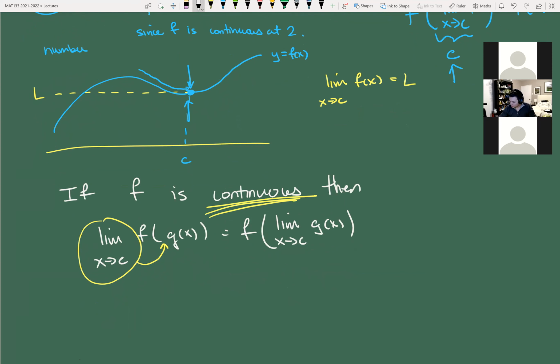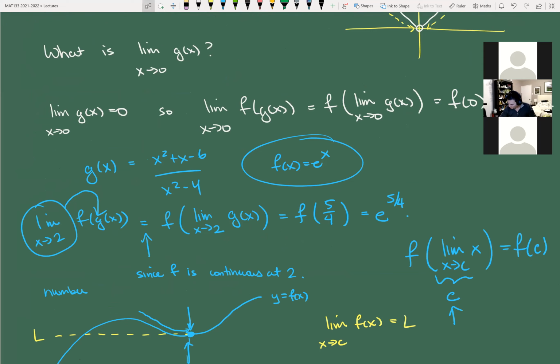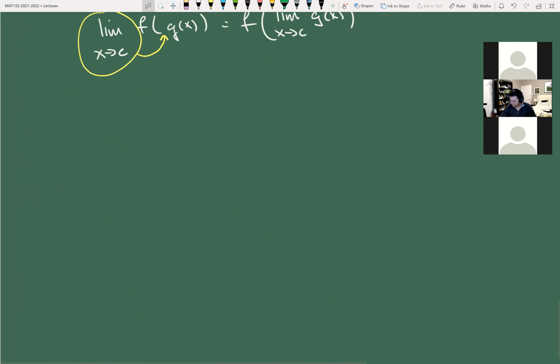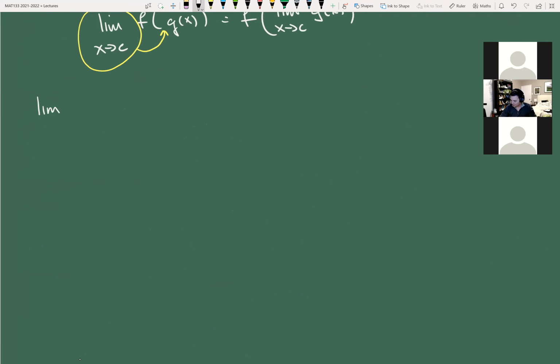Let me go back up and find x squared plus x minus 6 over x squared minus 4. So we had the limit as x approaches 2. If we were to plug 2 into this, we would get 0 divided by 0, right? Because we'd get 4 plus 2 minus 6. That's 0 divided by 0, exactly.